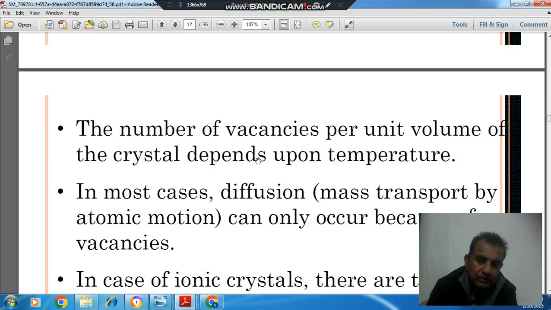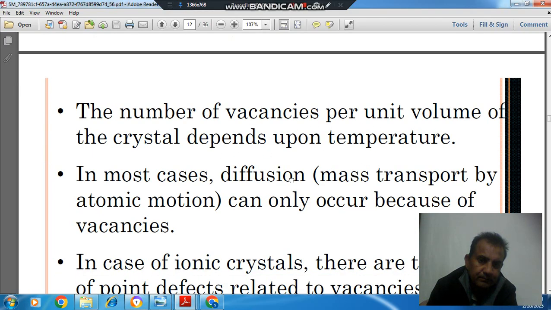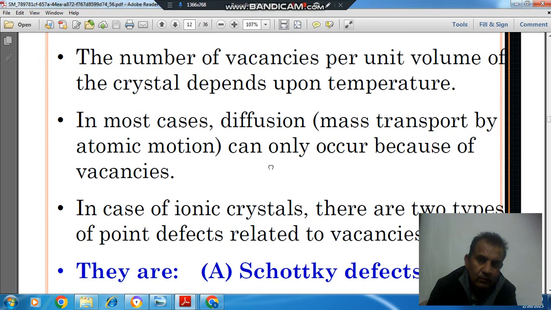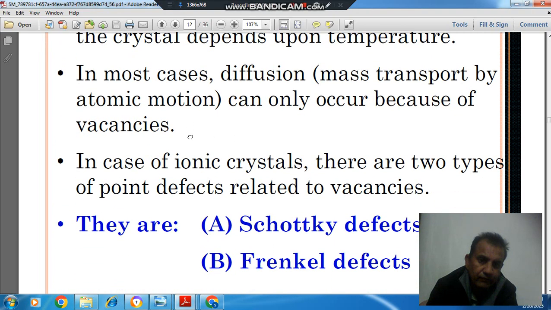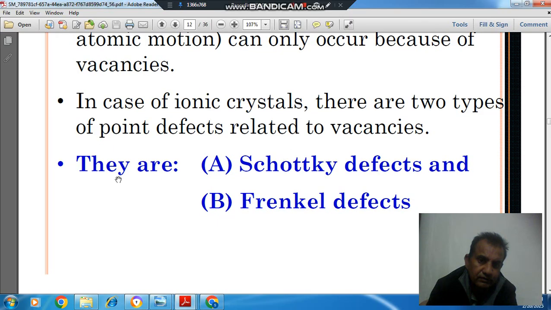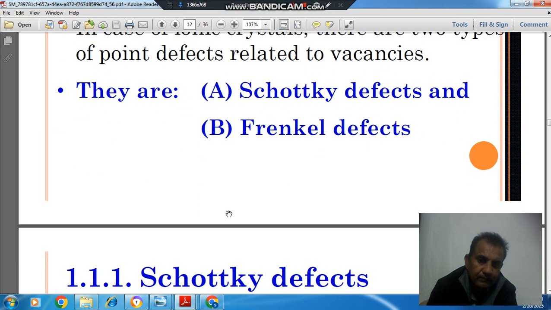The number of vacancies per unit volume of crystal depends upon temperature. In most cases, diffusion, mass transport by atomic motion, can occur because of vacancy. In case of ionic crystal, there are two types of point defects related to vacancies. They are Schottky defect and Frenkel defect.